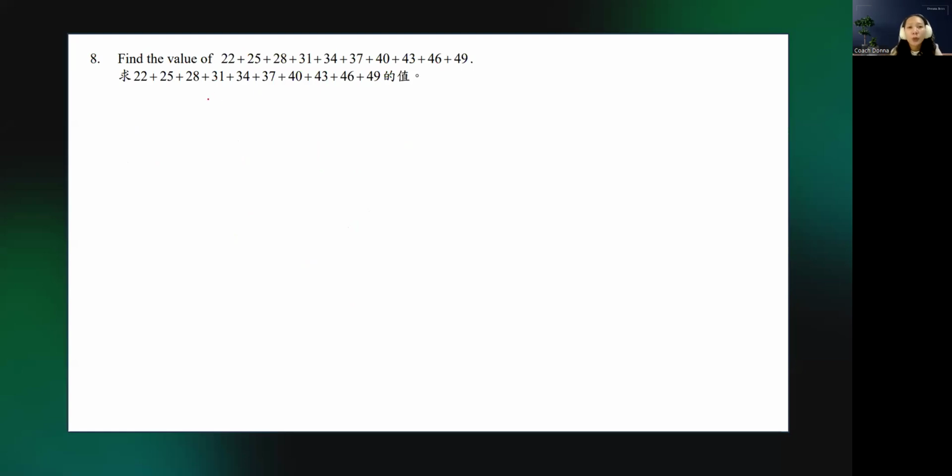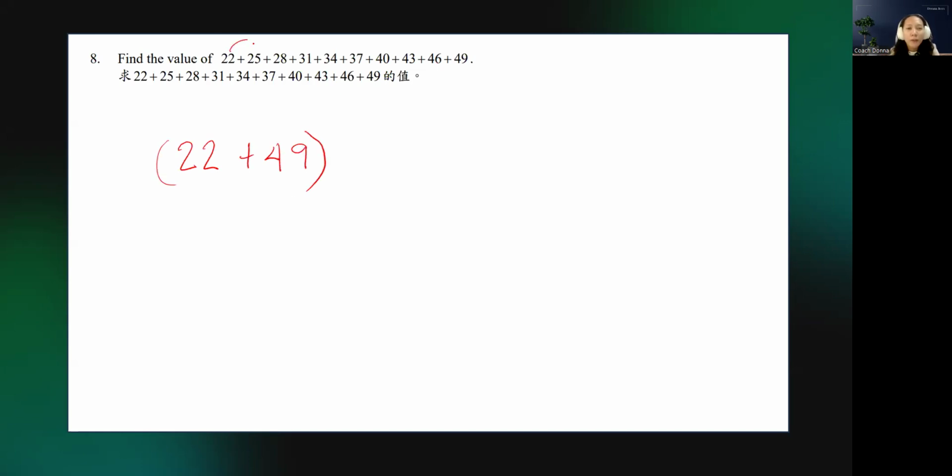So we'll just have to add them. All right. So you can do this manually. 49 plus 22 times 5s. We can actually do that one. So you can do 22 plus 49.